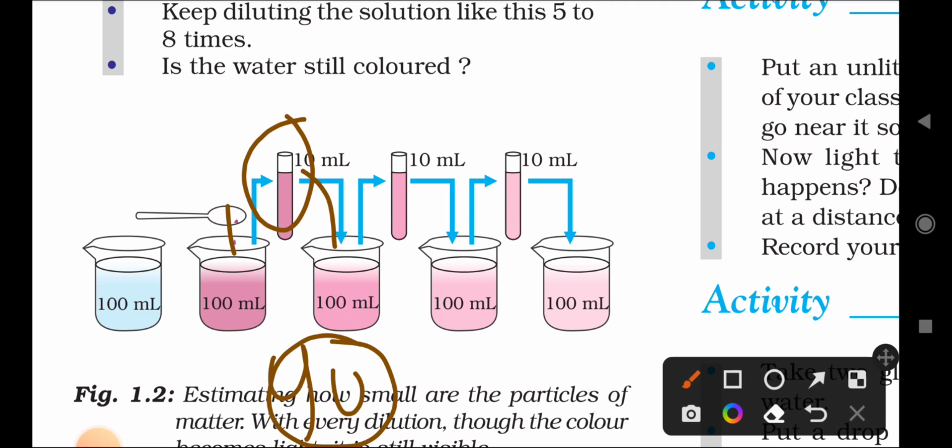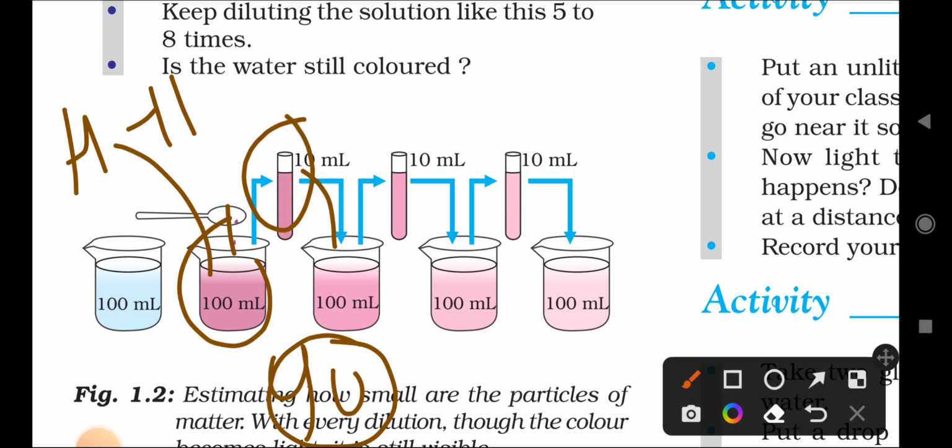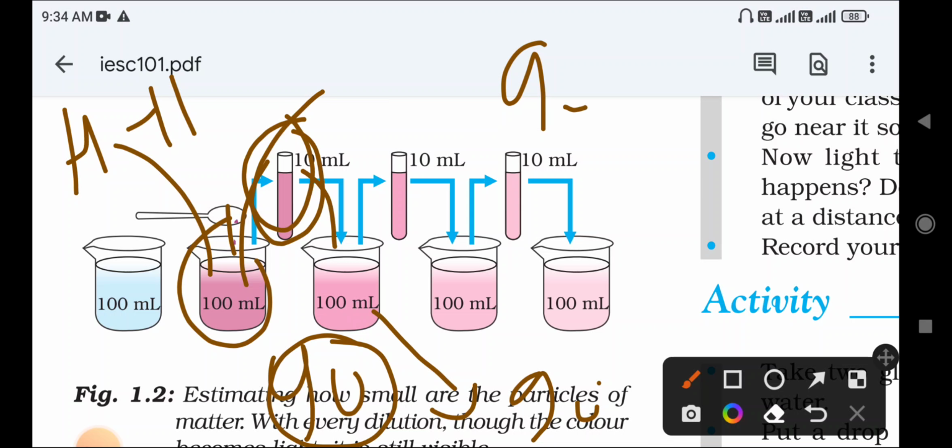So we take only 10% of the solution and add 90% clear water. Again 90 plus 10 becomes 100, so it is a 100% solution.